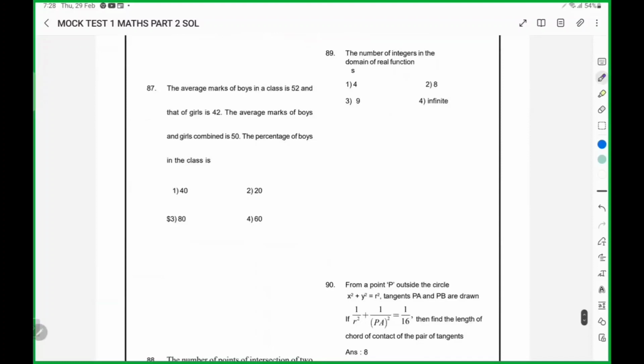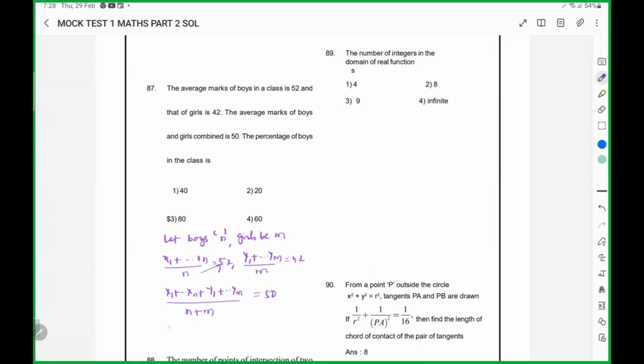The average marks of the class, so we don't know how many boys there are. Let boys' strength be n, girls' be m. So x1 to xn by n is 52. y1 to ym by m is 42. The average of boys and girls, x1 plus ... plus ym by n plus m, which is 50, he has given.